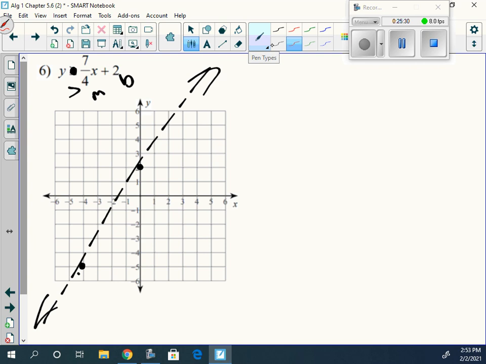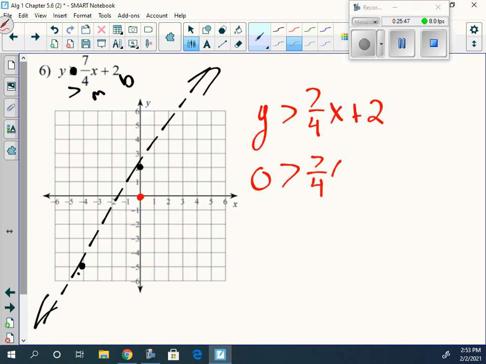Now we need to check a point. What point do we want to check? 0, 0. So if we plug 0, 0 in, 0 is greater than 7/4 x times 0. Well, that's 0.